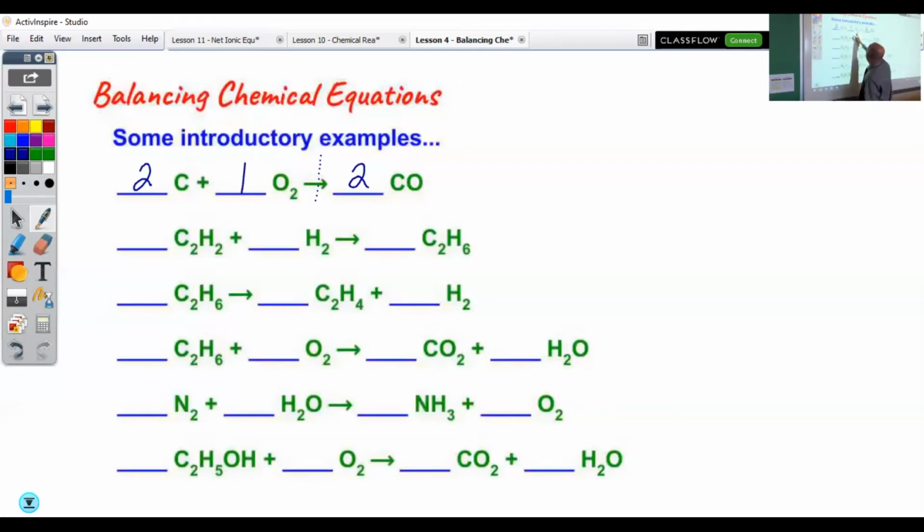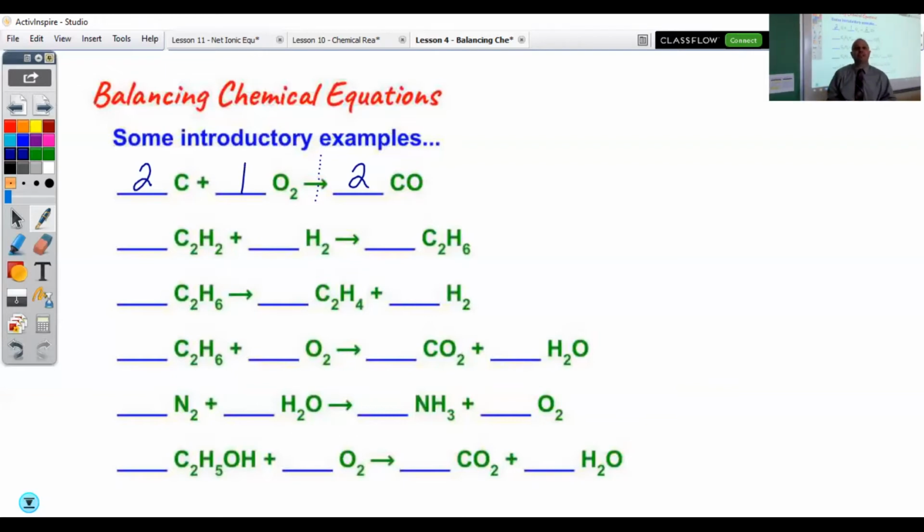So I have 2 oxygen here, and I also have 2 in front of CO, so I have 2 oxygen on the right side as well. The takeaway message from this example is to go back and check your work. Sometimes you inadvertently change the number of a particular atom that you might have balanced earlier. So when you get to the end and you're all done, go back and check your work.